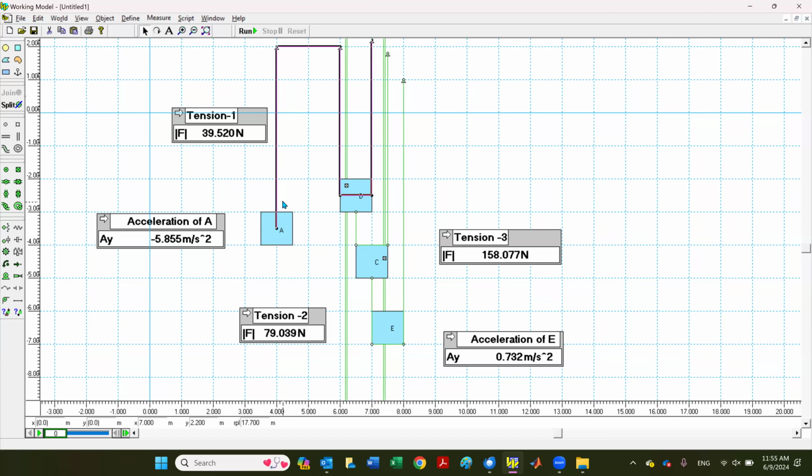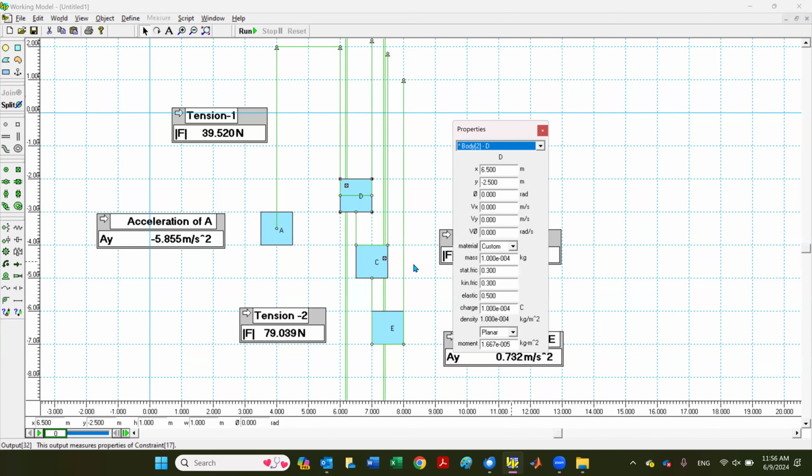Look, this is the configuration for that connection to pulley D. This is my second cable. So this is T1. This is T2. This is T3. And look, the mass of D, I made it almost zero. Mass of C, almost zero here, right? And mass of E, remember, was 30 kilograms.